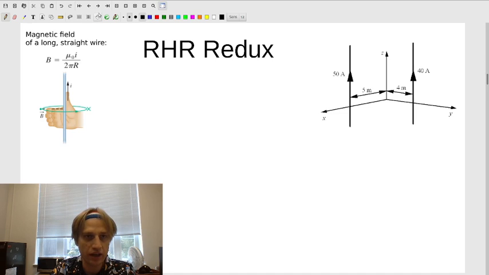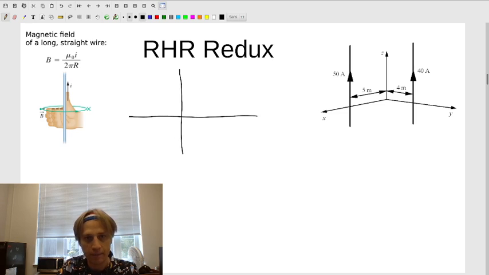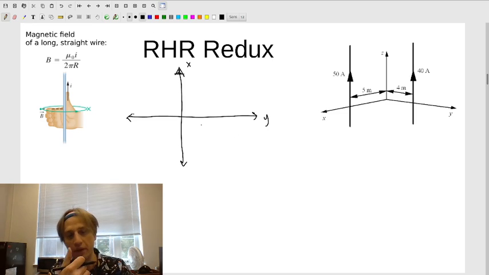Okay, so I think in this case it's going to be useful for us to look at this picture and realize that when we've looked at these sorts of drawings in the past, they have looked different. I think this is sort of a spatial imagination problem in a way. Here's our x-axis, our y-axis, and if you can imagine it with me, the z-axis is coming out of the page.